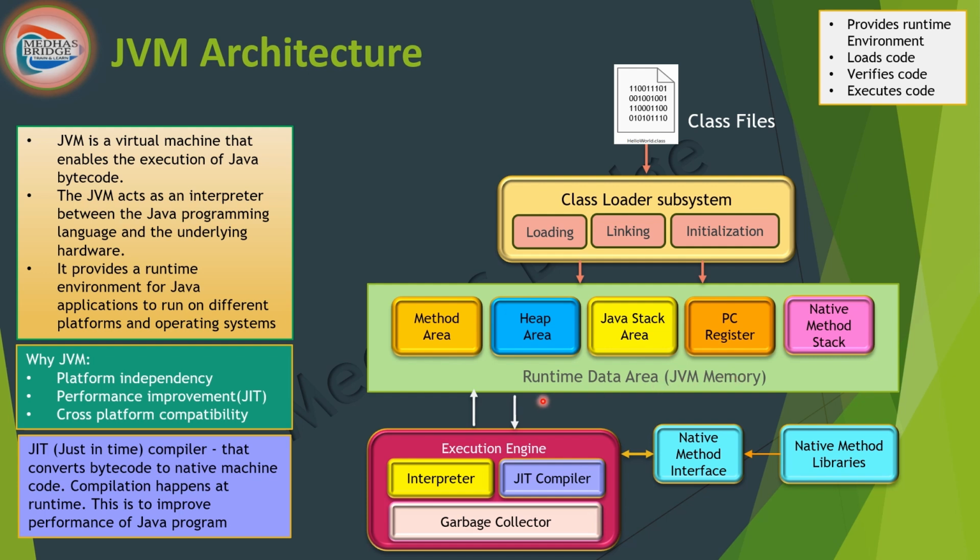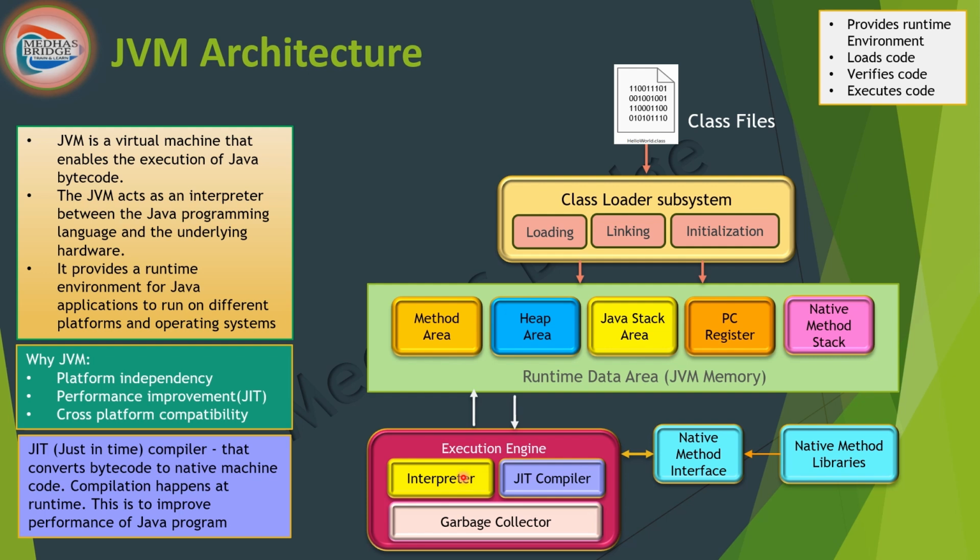Now there is one more unit called the execution engine. This basically helps you run your code on the hardware platform. So it has an interpreter, a JIT compiler and a garbage collector. The interpreter, that we know, right?